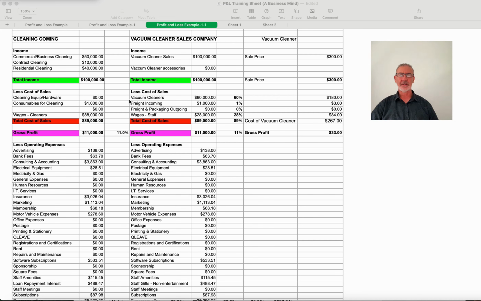On the right hand side where we've got the product, the cost of sales is things like, if you're selling vacuum cleaners, how much does it cost you to buy a vacuum cleaner in?